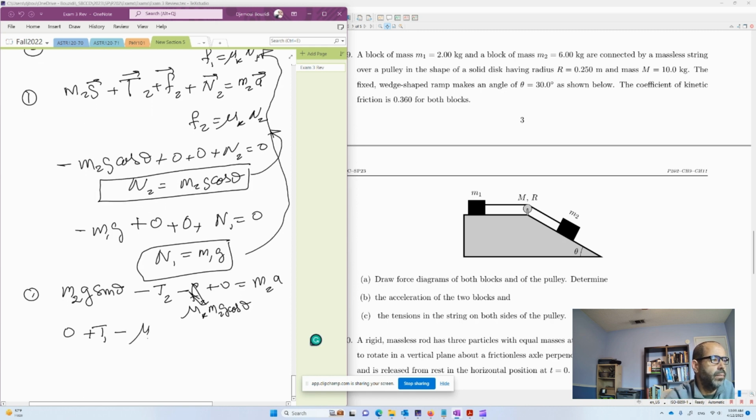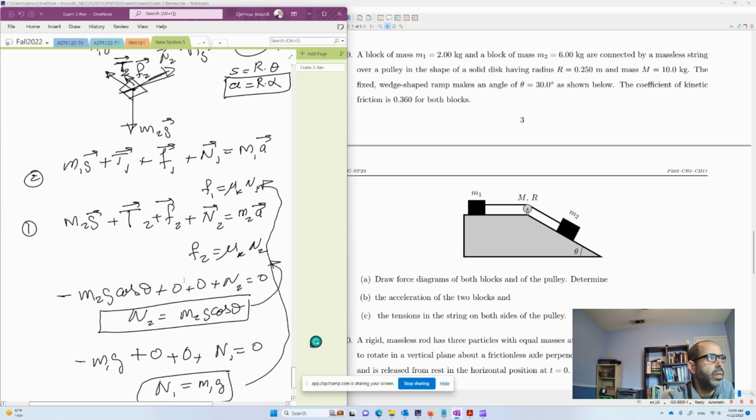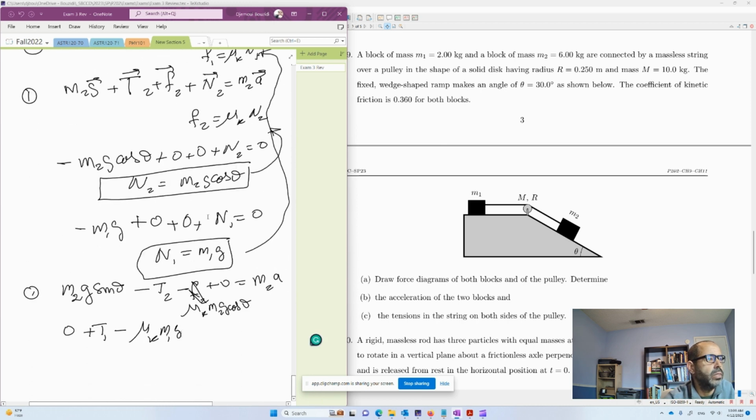F1 is mu k times M1G, and there is no component for the normal, and it is equal to M1A. The good news is, there is some good news and some bad news. The good news is now we have another equation. Remember, we had one equation with two unknowns. We have another equation, but we introduced another unknown, namely T1. So we don't know the tension T1, we don't know the tension T2, and we don't know this acceleration. So we have two equations with three unknowns.